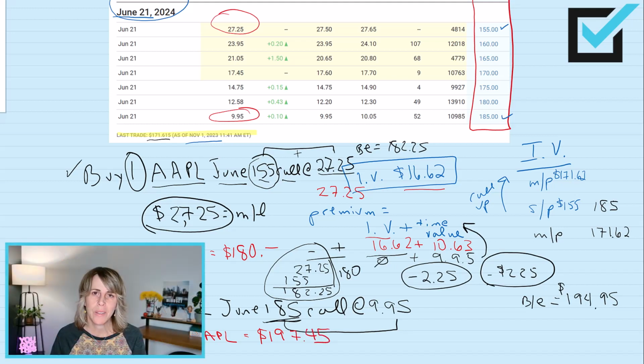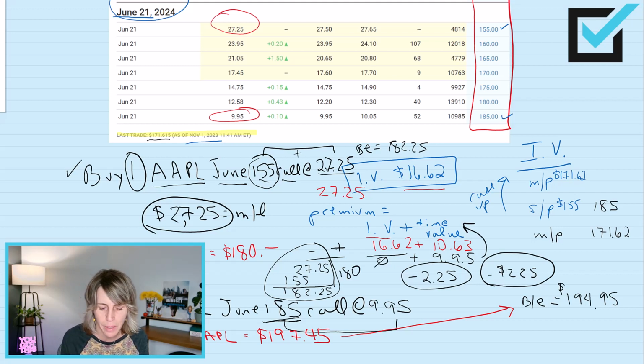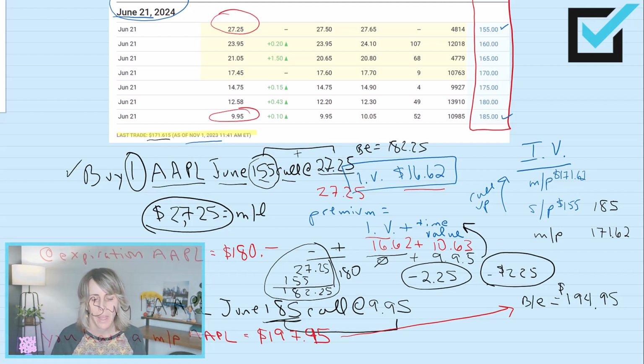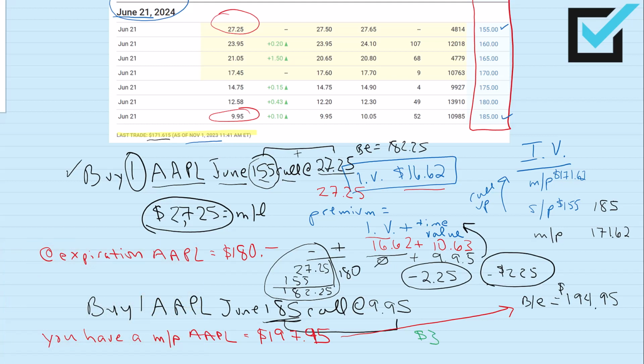So I slightly change the order of the explanation here to make it hopefully a little bit easier for you to see that, are you going to make money or are you going to lose money here? Well, if break even's 194.95, let's make this 95, not 45. You're going to make how much a share?